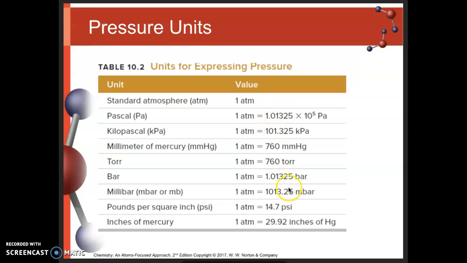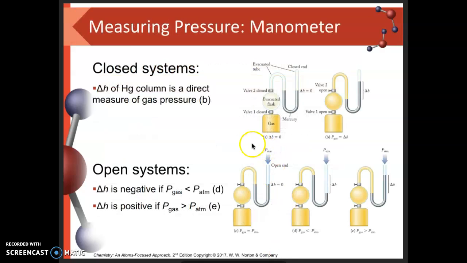Now, before we conclude this relatively short video on pressure, I wanted to point out to you that a barometer is not the only way that we can actually measure pressure. We can measure pressure using something called a manometer as well. And a manometer, depending upon the system, works on kind of the same premise that a barometer does.